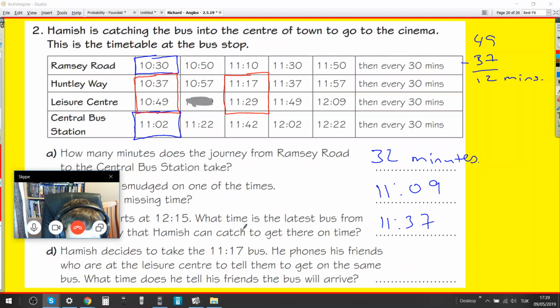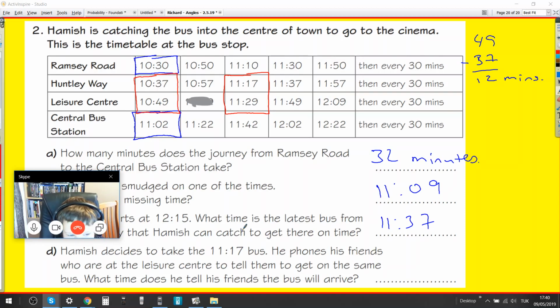So he decides to take the 11:17 bus, and his friends are at the leisure centre, so it must have been 11:09.